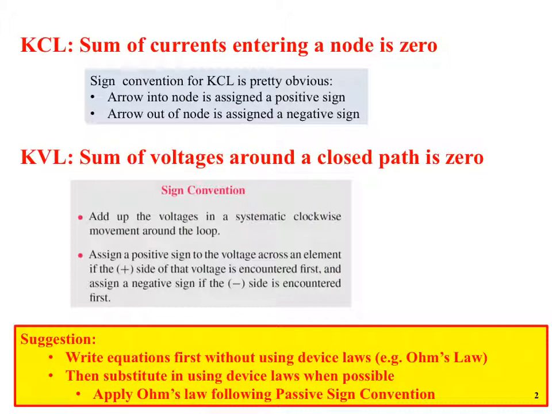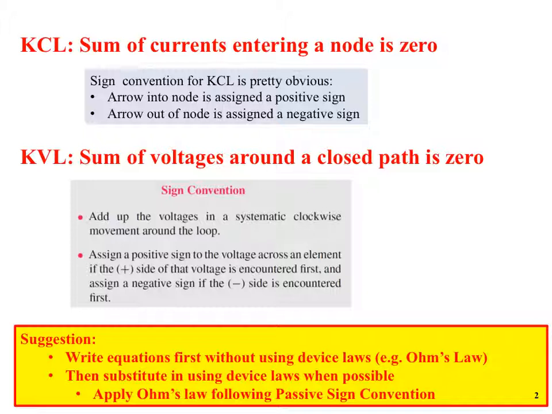And so here are the rules to remember. KCL is just the sum of currents entering a node as 0, and so we use a sign convention that if we have an arrow into a node, then we're going to assign a positive sign to that label.